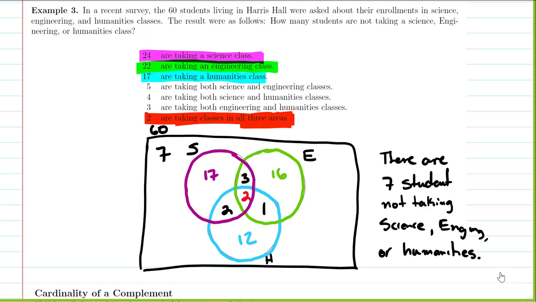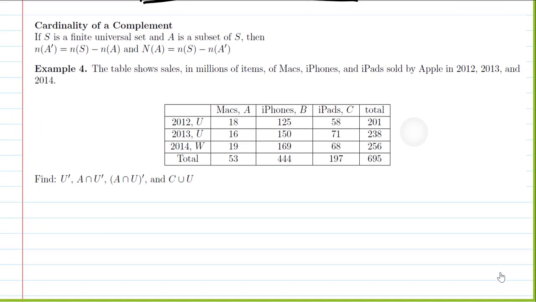It turns out that this is often very useful. Sometimes certain things are very, very hard to count, but their complement is not. In which case, we can use it to indirectly find that number. So the cardinality of a complement.